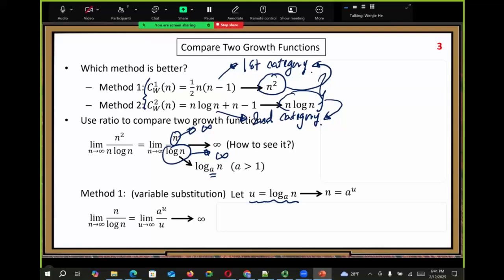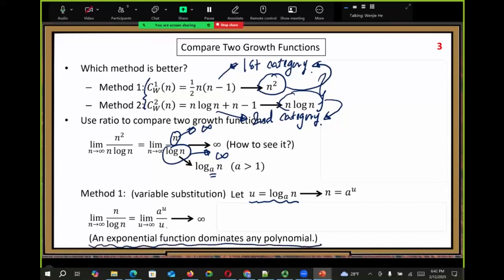Can you see it should be infinity, an exponential function with base greater than 1 over a linear function? If you know this fact, an exponential function dominates any polynomial.